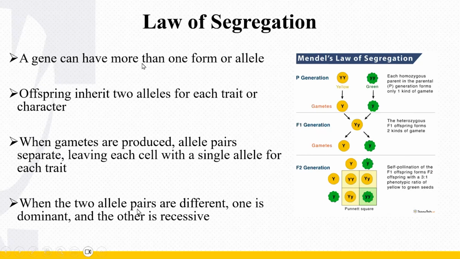So from that, what he found was that a gene can have more than one form or allele. And so the offspring will inherit two of those alleles, and it's whether it's going to be both dominant alleles, will it be one dominant and one recessive, or will it be two recessives?